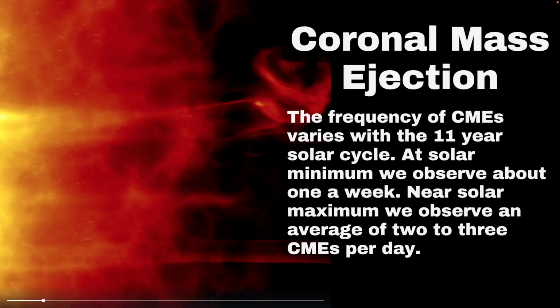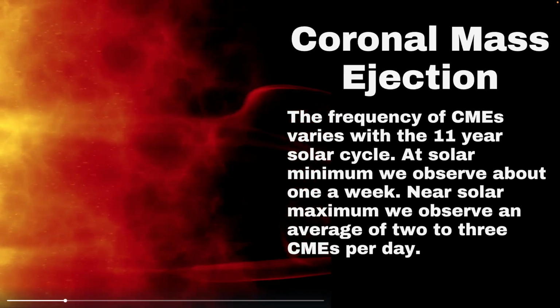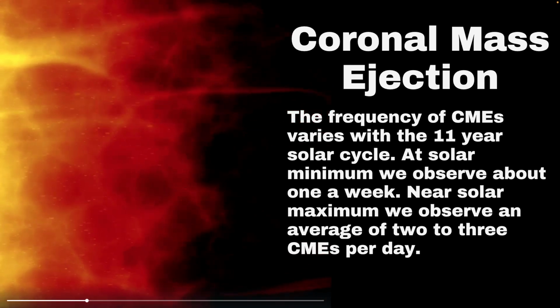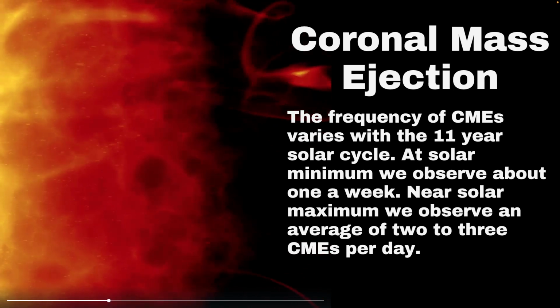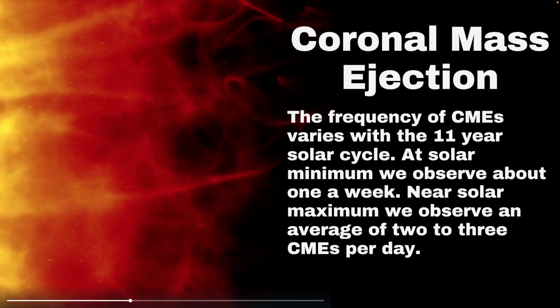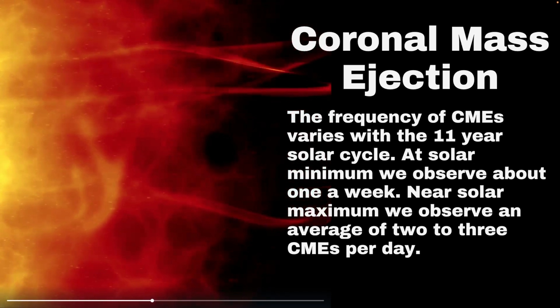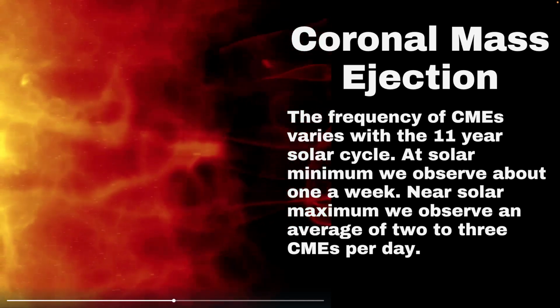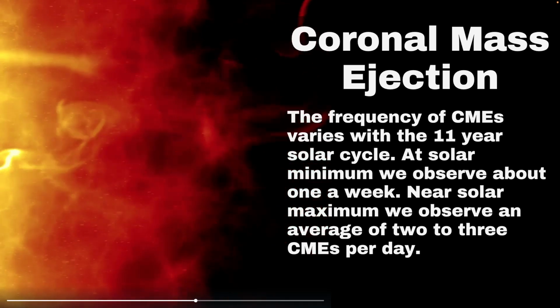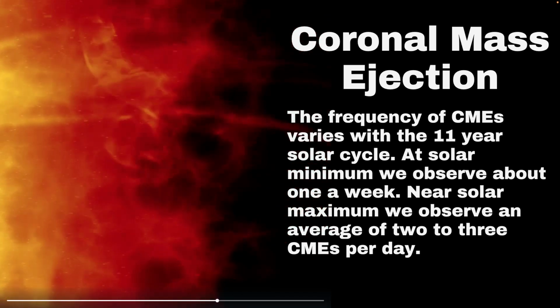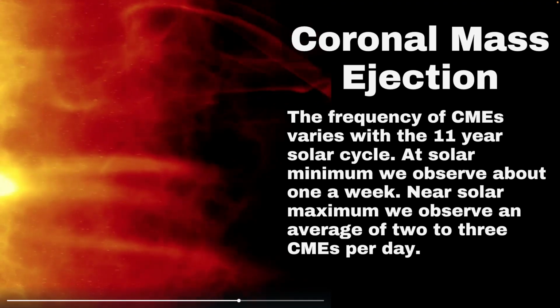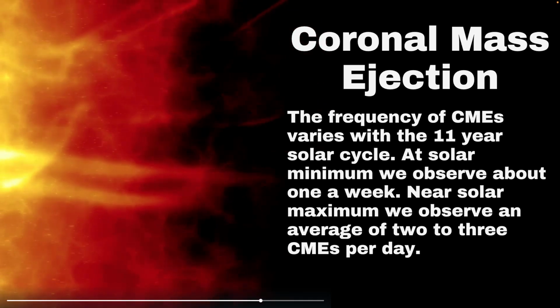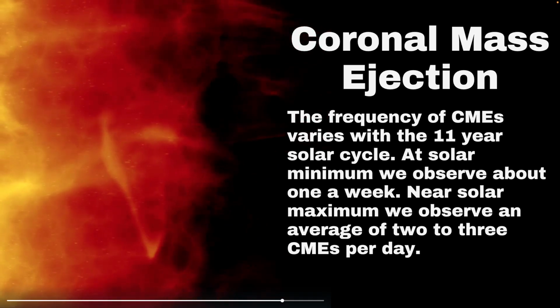Now when it comes to CMEs, the frequency of CMEs varies with the solar cycle. The solar cycle is an 11-year cycle where there is a solar minimum and a solar maximum. At solar minimum, there would be less intense heat from the sun. At maximum, obviously there would be a lot of heat radiated towards various planets.